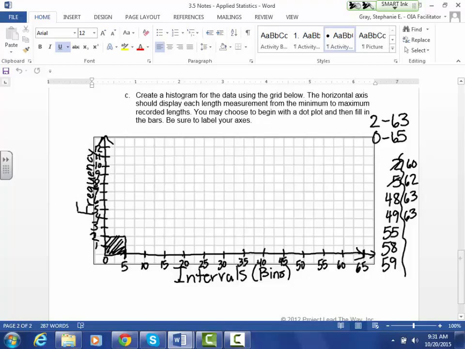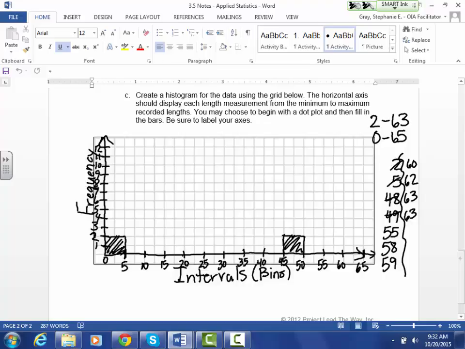Now we don't have any numbers between 5 and 45. So we're going to skip all of those. And now we have how many numbers between 45 and 50? So 2 again. So it goes to 2 here between 45 and 50.